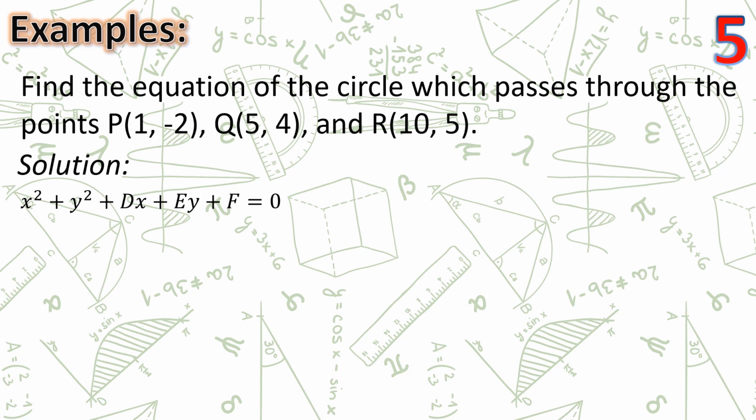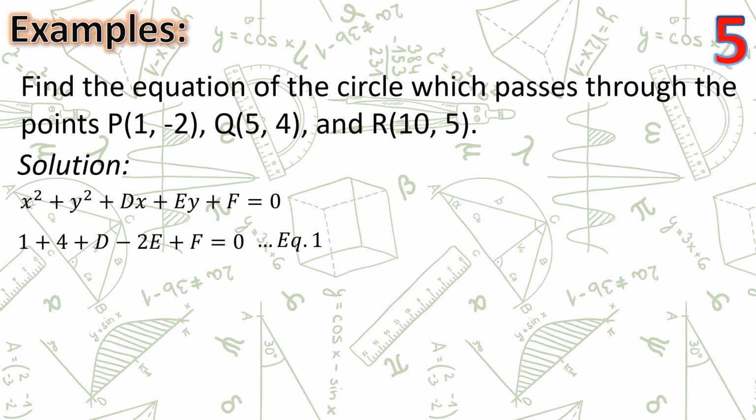Let us do that with point P. So substitute 1 to x and negative 2 to y. We'll have 1 plus 4 plus d minus 2e plus f equals 0. Let us call this our equation 1. Then let us substitute the coordinates of point Q to the general form of the equation.